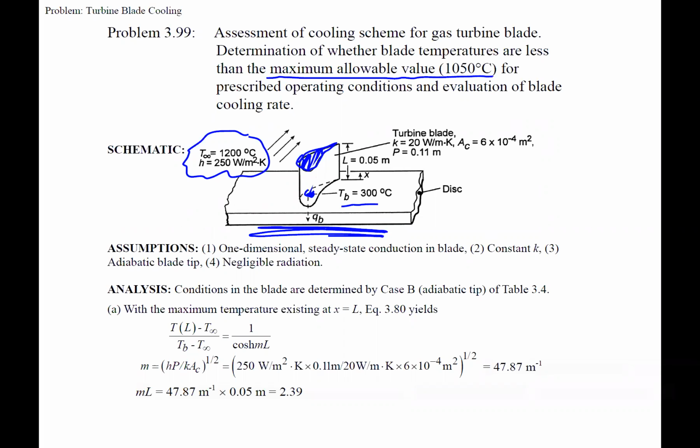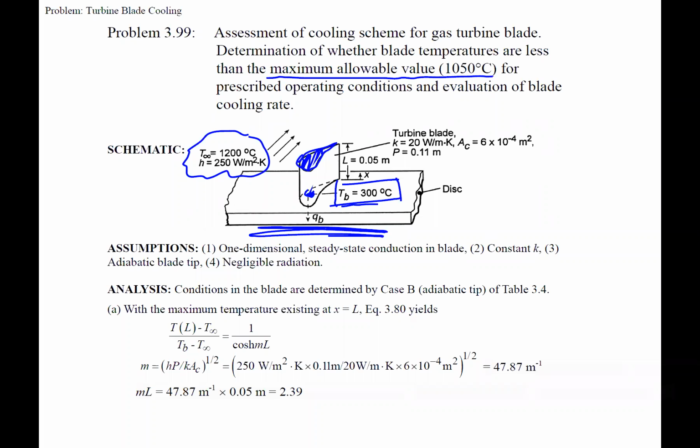Not in this case, because the base is being held at 300 degrees Celsius. So this problem is actually doing a little bit of the opposite of what we normally see. Usually you have the high temperature at the base, and we're trying to get rid of that with the heat sink.